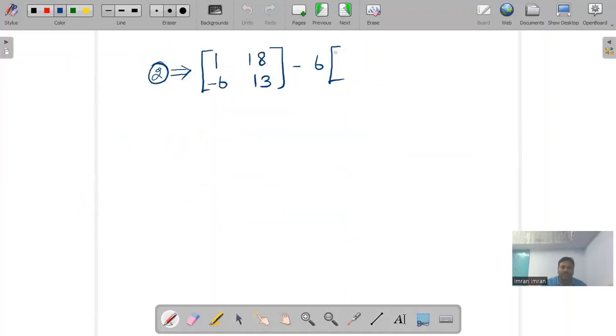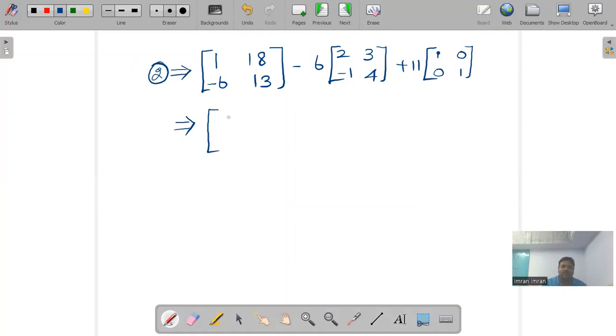And finally plus 11 into I, where I is the 2 by 2 identity matrix.